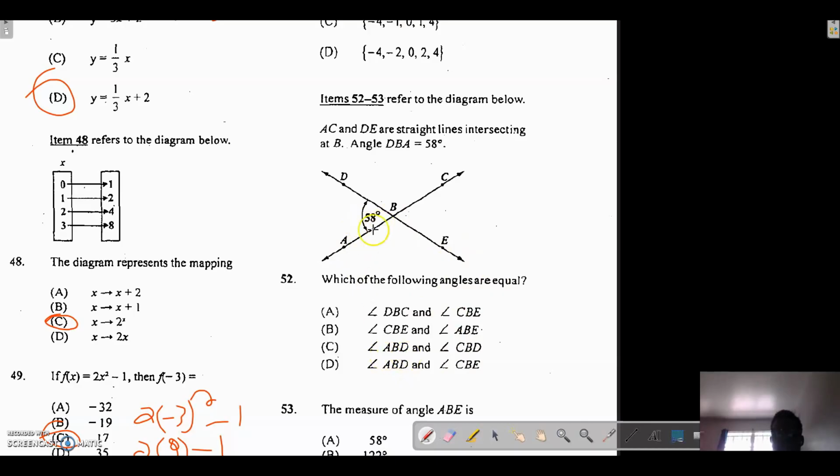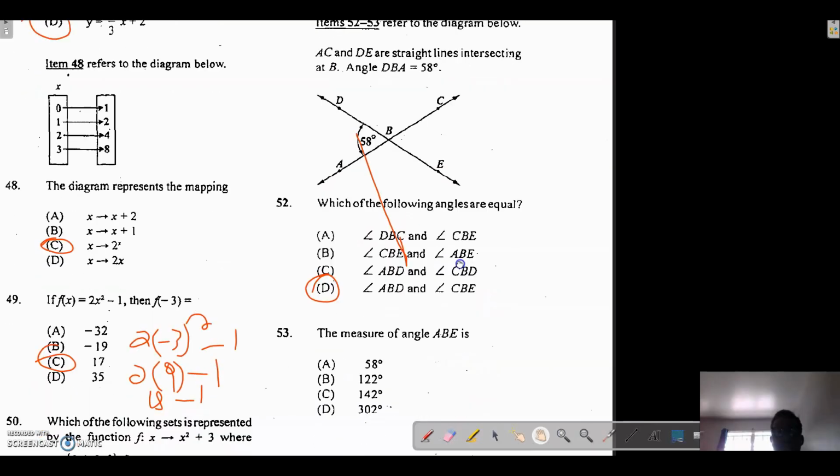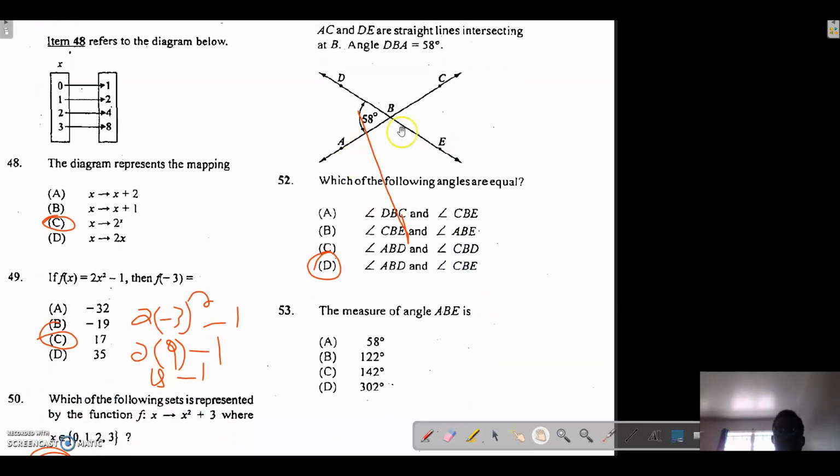ABD and CBD, also not equal, which makes the option automatically D, as in dog, which is ABD, this angle right here, and CBE. So you didn't actually have to go through all the options to test them. You could have just picked out the equal angles and looked for that in the answer.